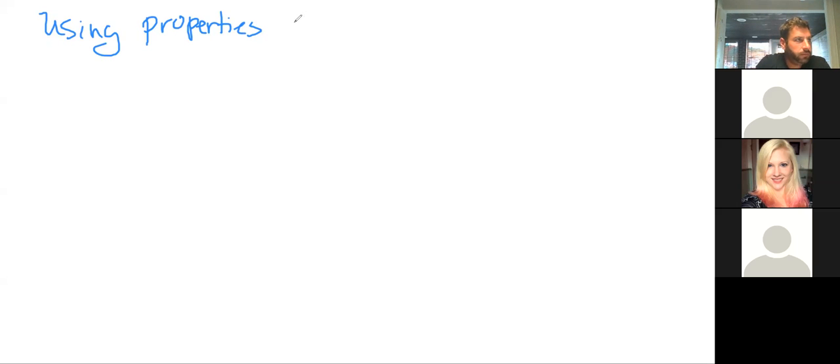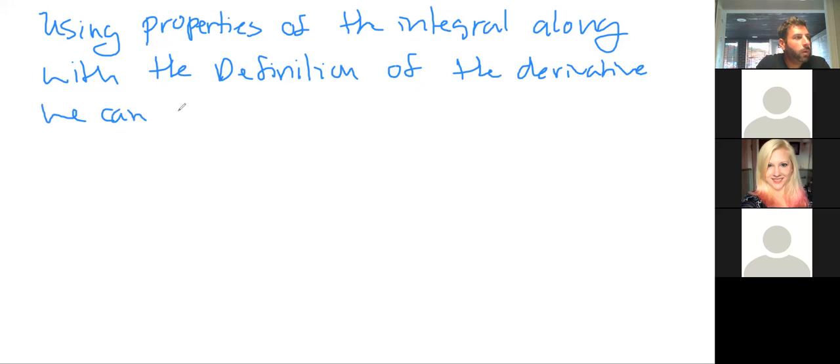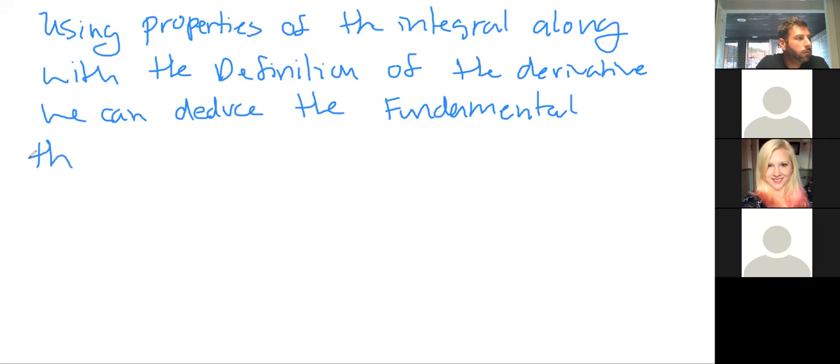So using properties of the integral, along with the definition of the derivative, we can deduce the following: the fundamental theorem of calculus.